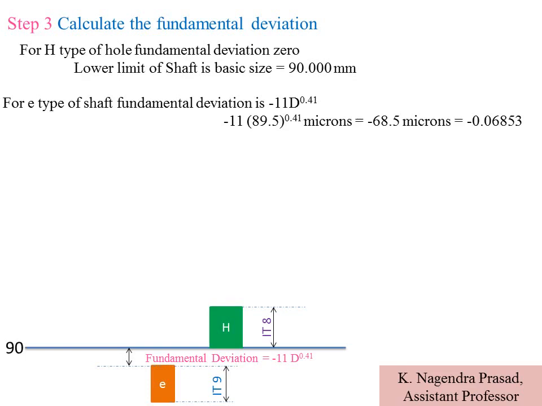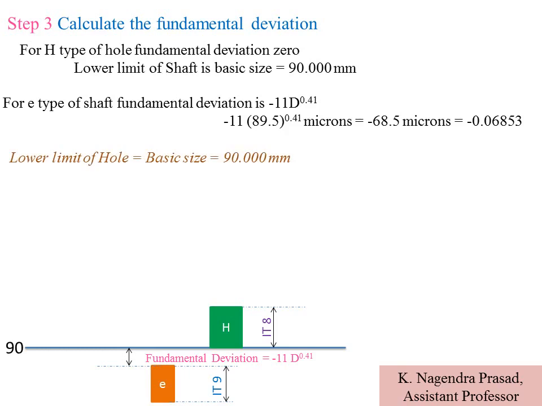Then we substitute the D value in the fundamental deviation equation. We get the fundamental deviation for the E type of shaft, that is minus 68.5 microns, which is equal to 0.06853 mm. Here the minus symbol indicates that the value is below the zero line.